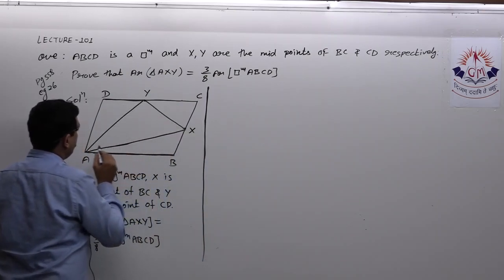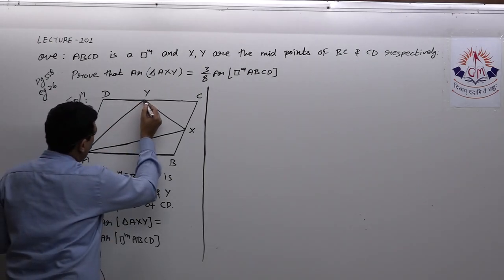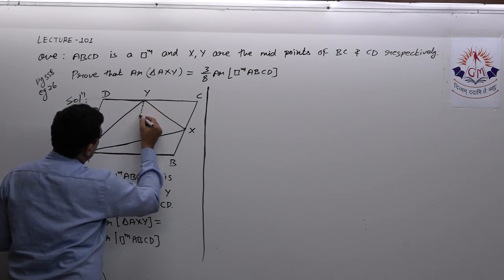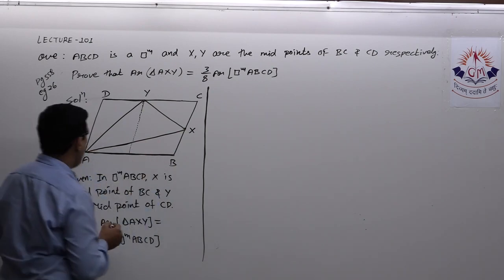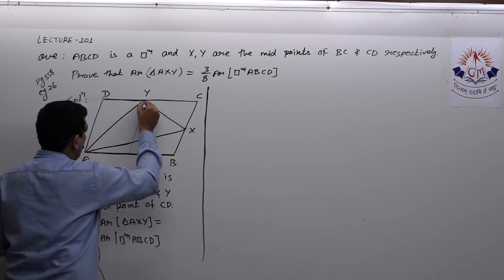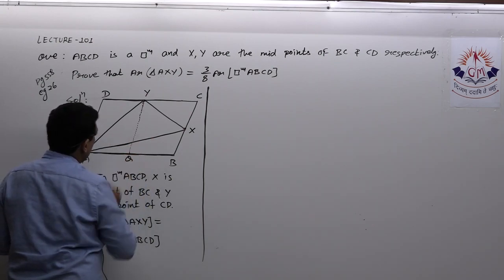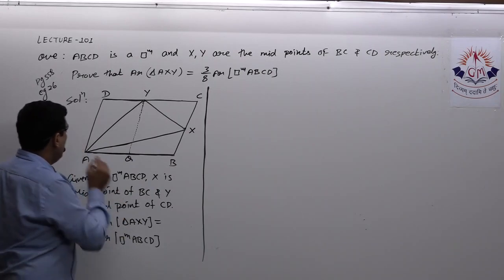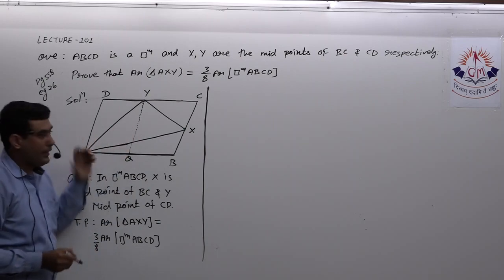We have to prove this area. First, I draw a line parallel to CD passing through Y, or a line parallel to AD or BC. Here I draw YQ parallel to AD.